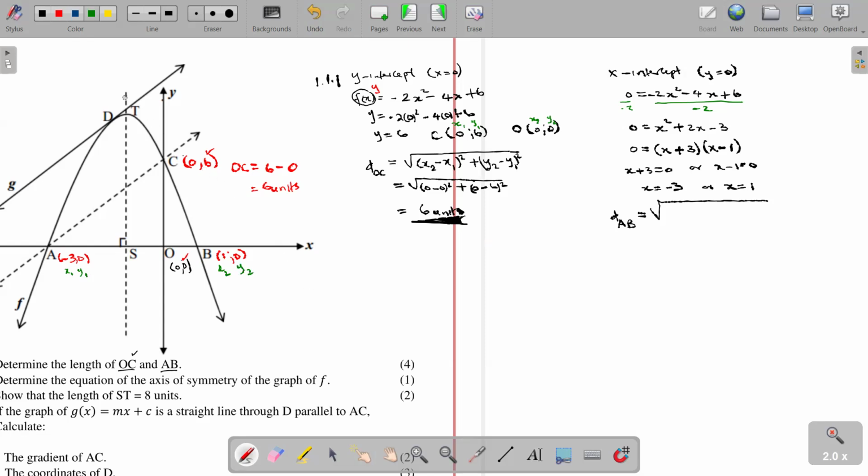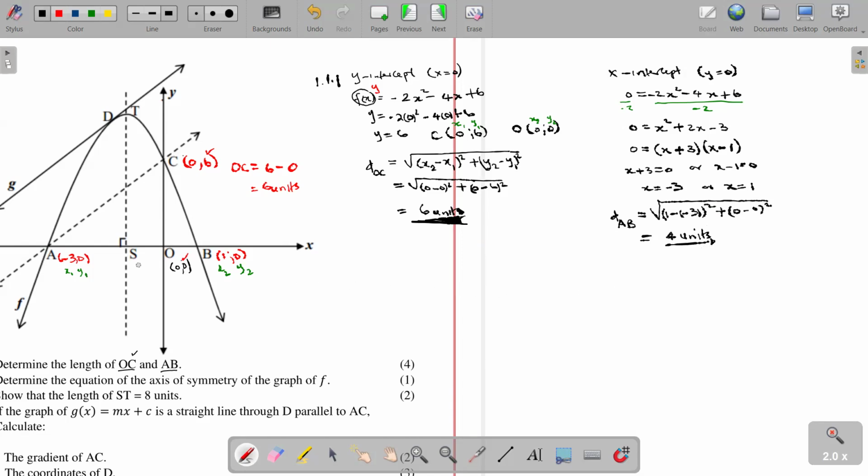Then apply the distance formula using the coordinates of A and B. Here we are going to have 1 minus 3, this one squared, plus 0 minus 0 squared, which is going to give us 4 units. Just go to the calculator and punch that. It's going to give us 4 units.